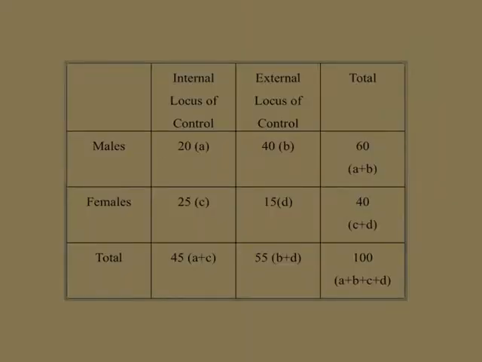To calculate the row total, we add the scores of all the males, that is 20 plus 40 equals to 60. To calculate the row total of females, we add 25 plus 15, which equals to 40. And to calculate the column total of internal locus of control of males and females, we add 20 plus 25 to give us 45.